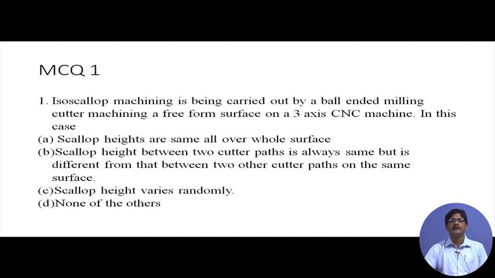A is suggesting that it is uniform over the whole surface, while B is suggesting scallop height is uniform only for a particular cutter path. B is wrong. If isoscallop machining is being talked about, scallop height has to be the same all over the surface. So, option A is correct.